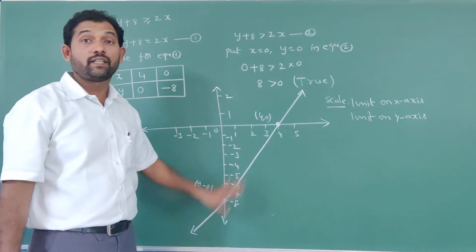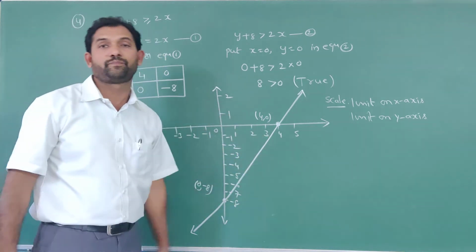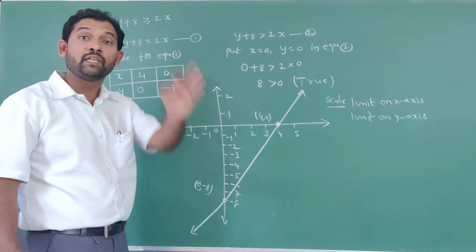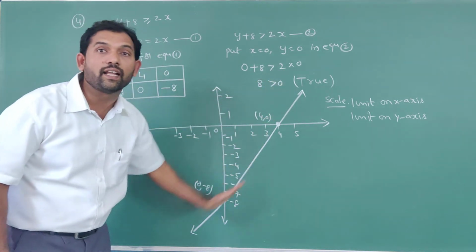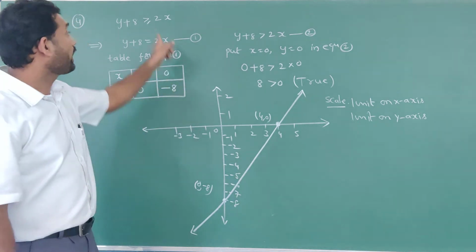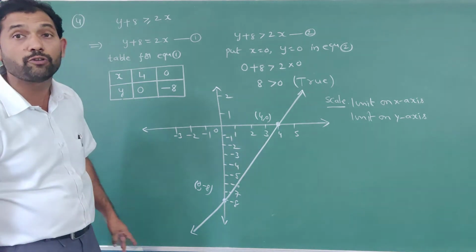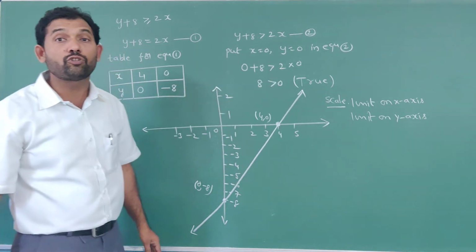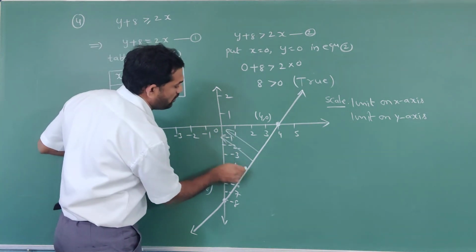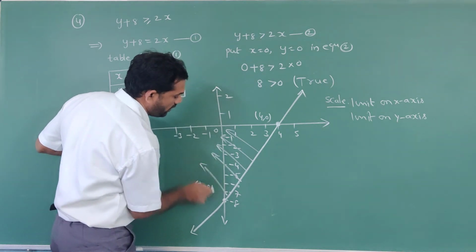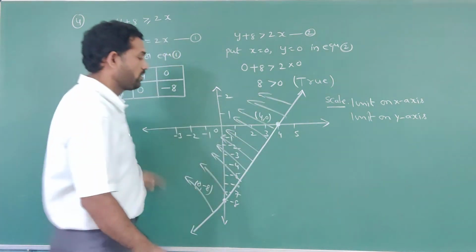Now the solutions in that graph. The solution set is contained in 3 places: here, here, and on the line also. Now according to our inequality, where is our solution present? Where do we have to shade? It is true, which means, as I said, you have to shade towards the origin.